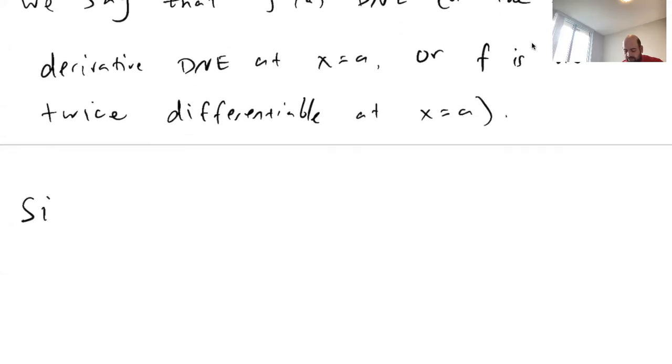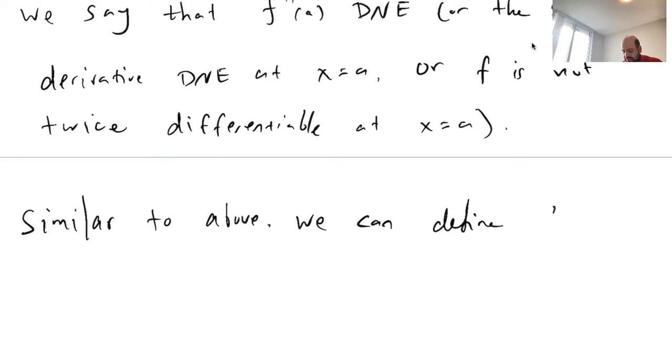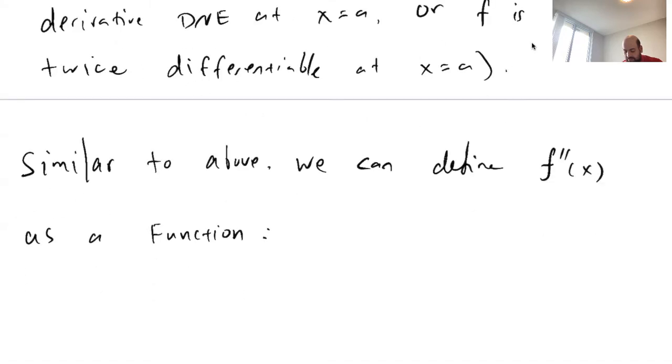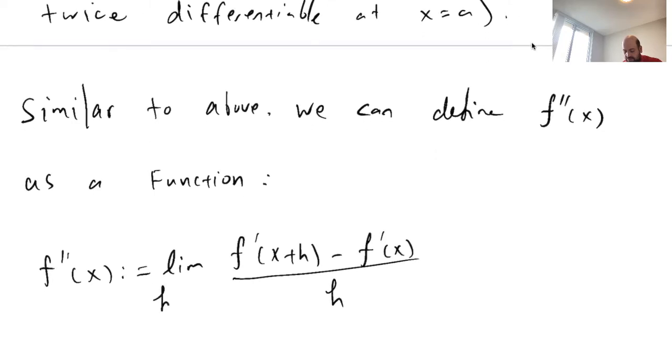So similar to above, we can define f double prime of x as a function. So f double prime of x is defined as the limit of f prime of x plus h minus f prime of x over h as h approaches 0.